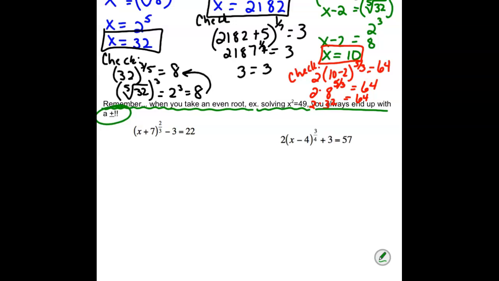All right, for our next example, we want to isolate the radical part, which is this. We have to add the 3 to the other side. So x plus 7 to the 2/3 should be 25. To undo a 2/3, we have to raise it to a 3/2 power.